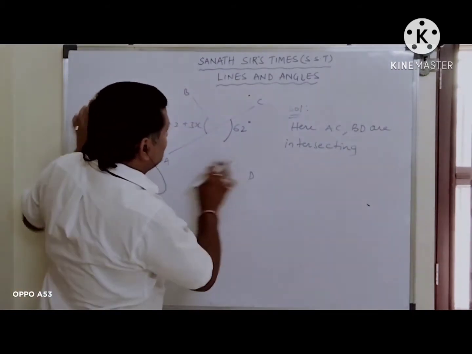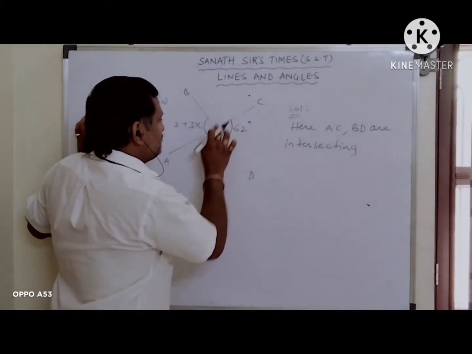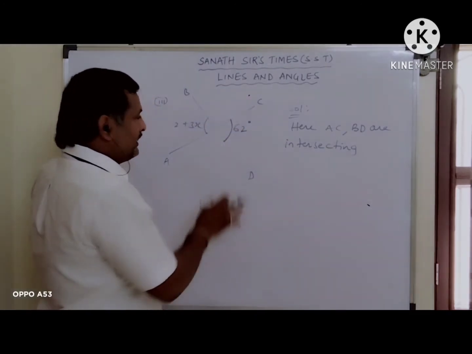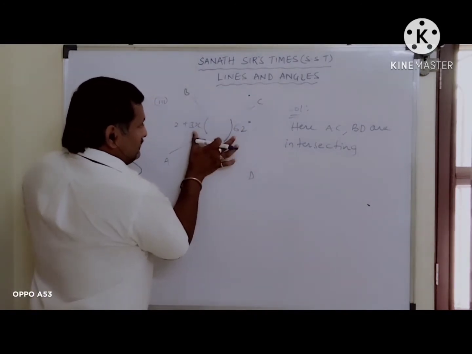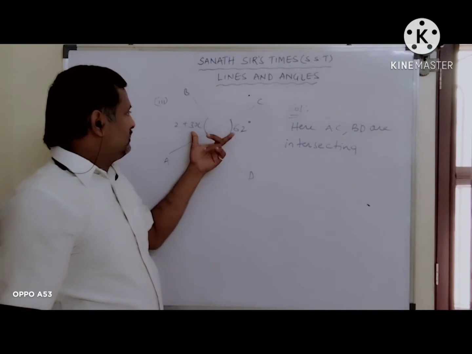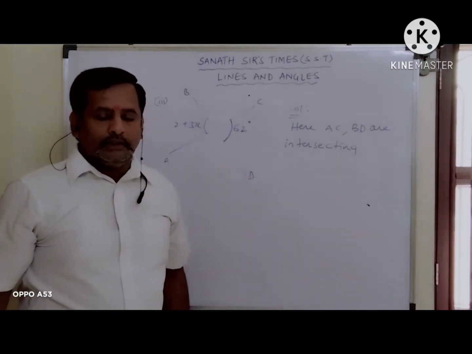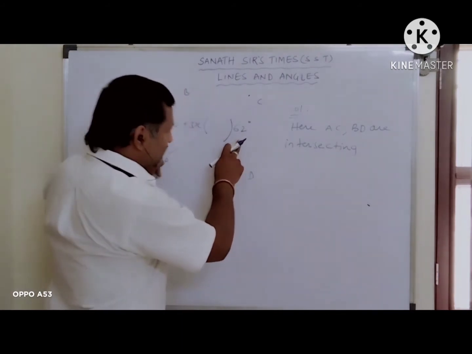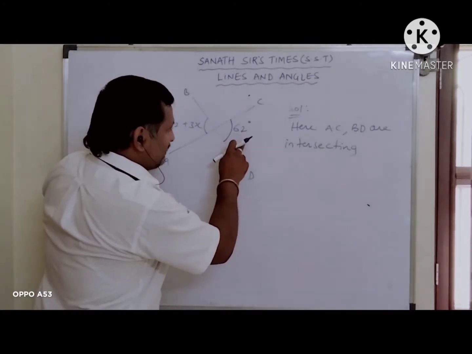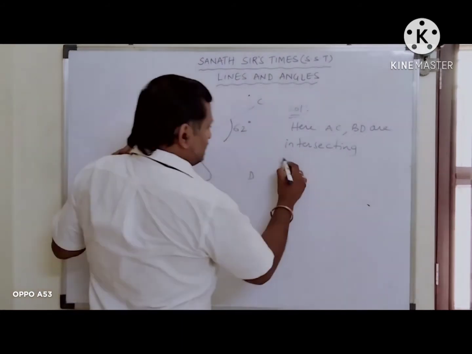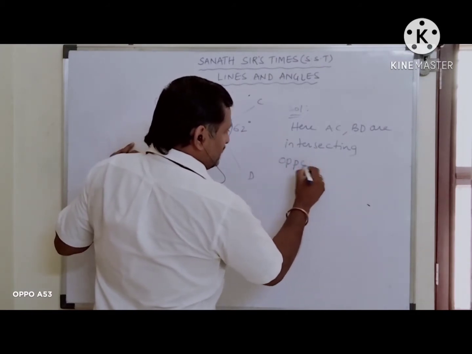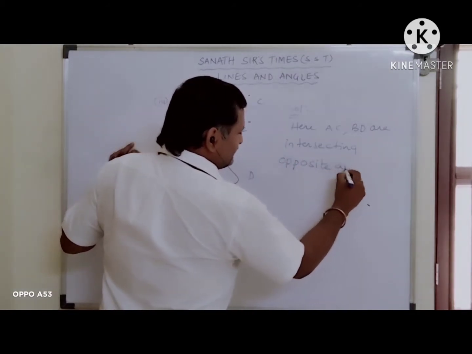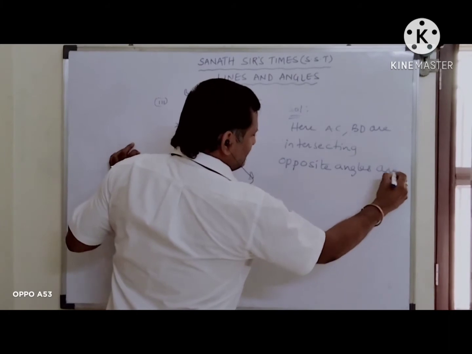When two lines intersect, there are going to be 4 angles, and of those 4, these two angles, which are vertically opposite angles, are always equal. So these two angles are equal. So opposite angles are equal.